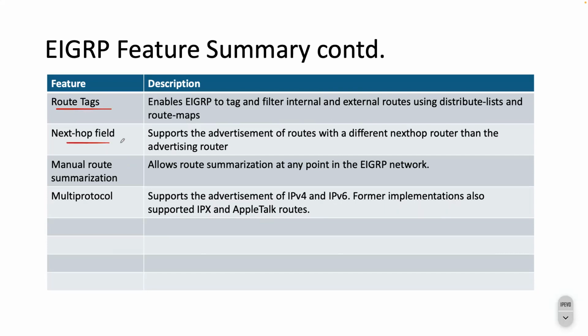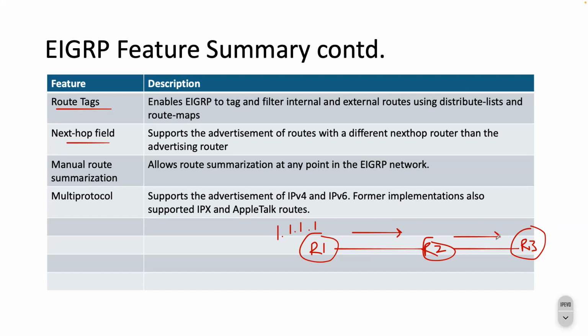Next hop field. This is important, guys. For example, we have a router, let's say R1, forming a neighborship with R2. R2 is further forming an EIGRP neighborship with R3. Let's say R1 has a loopback configured that is being advertised in EIGRP towards R2, and R2 is advertising towards R3.